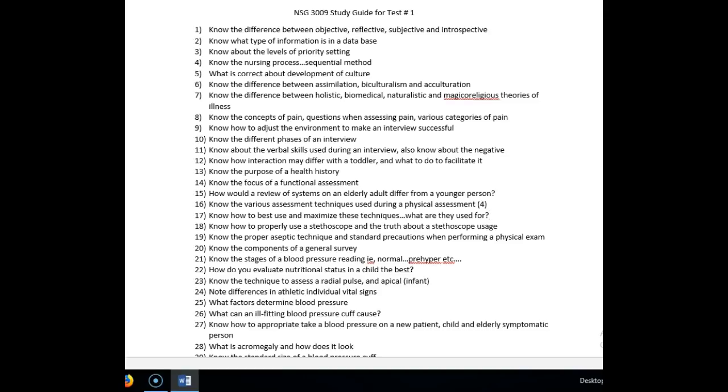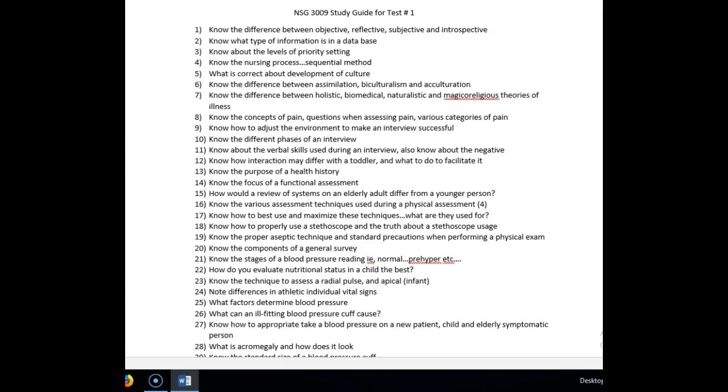So a lot of people, remember how I said you'll see those type of people doing herbs, and they're those yin and yang type people and that type of thing. So those are holistic. People that use chiropractors and that type of thing, you may look at them as being more naturalistic as well.